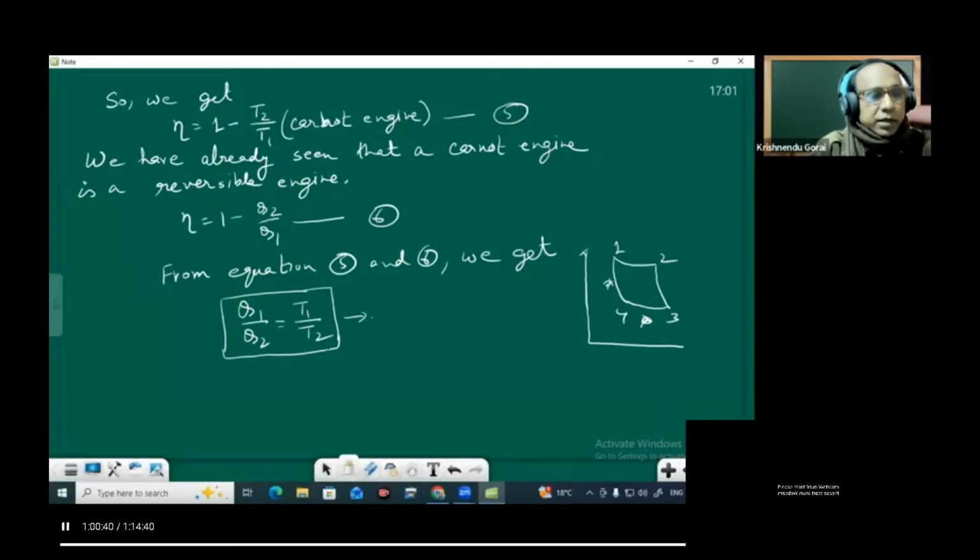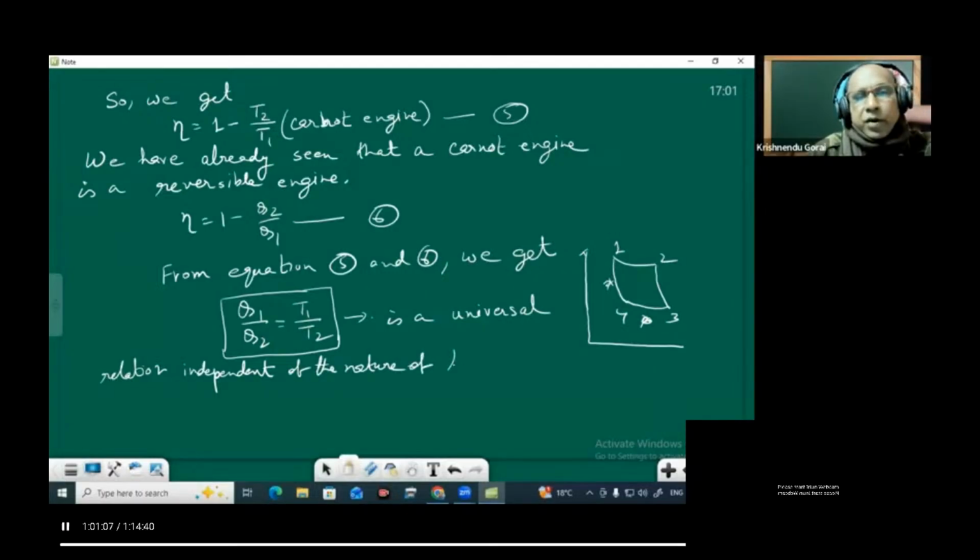This Q1 by Q2 equal to T1 by T2 is a universal relation, independent of the nature of the system.